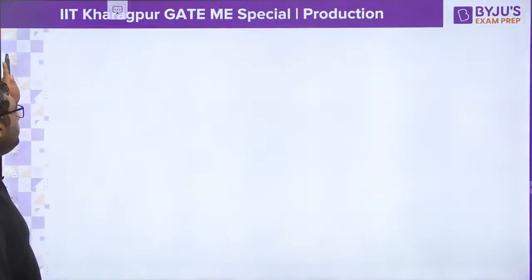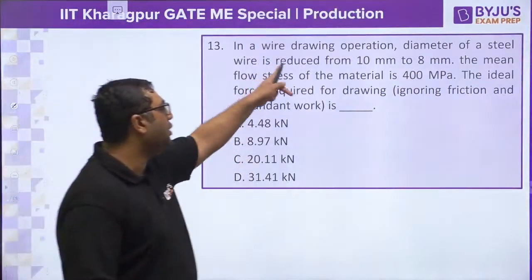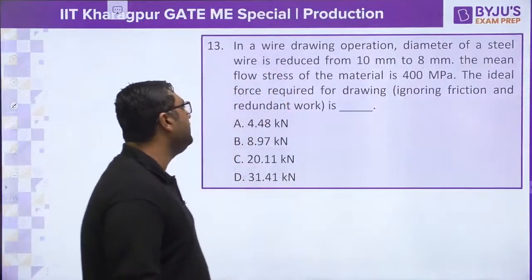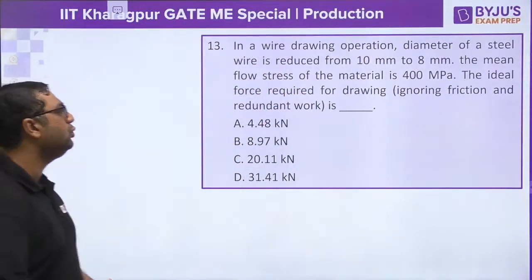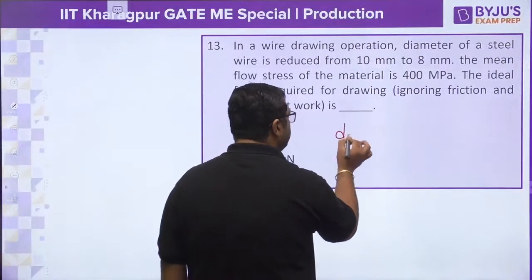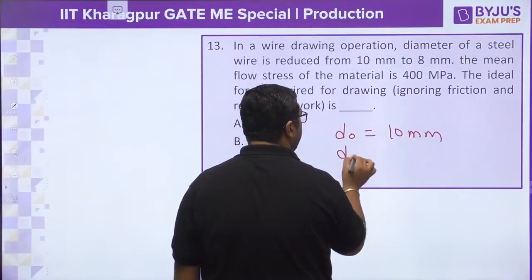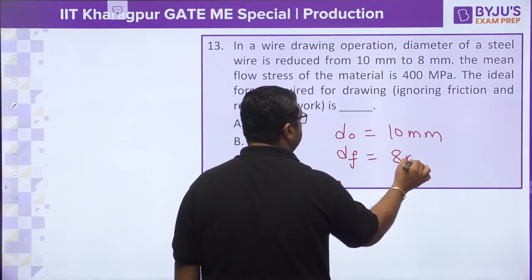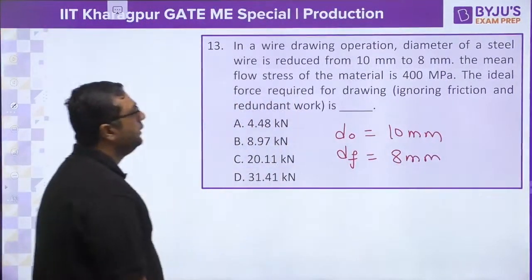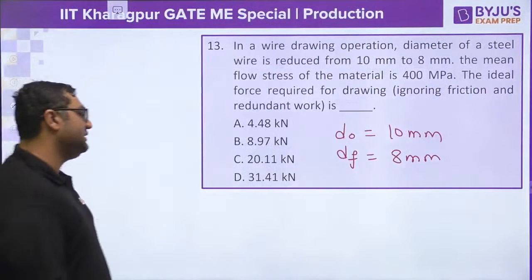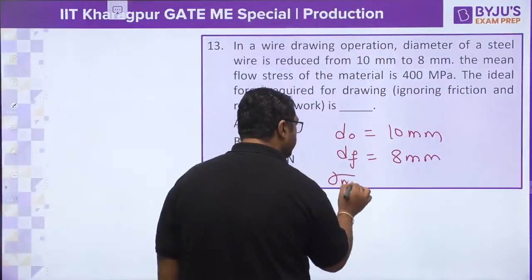Let us move to question number 13. In a wire drawing operation, the diameter of a steel wire is reduced from 10 mm to 8 mm. So my dear, initial diameter was 10 mm, final diameter is 8 mm. The mean flow stress is 400 MPa.